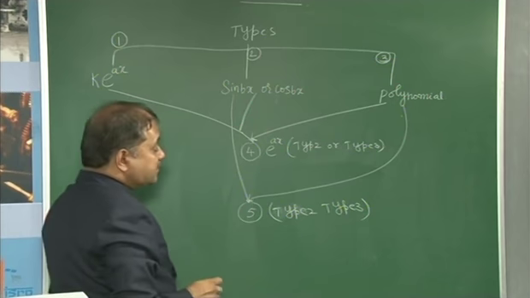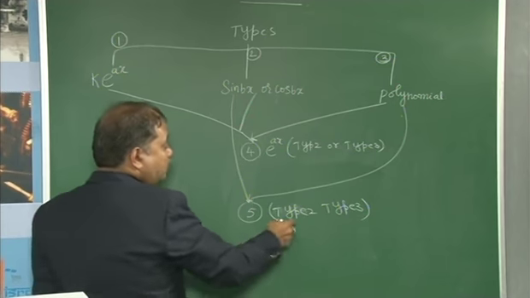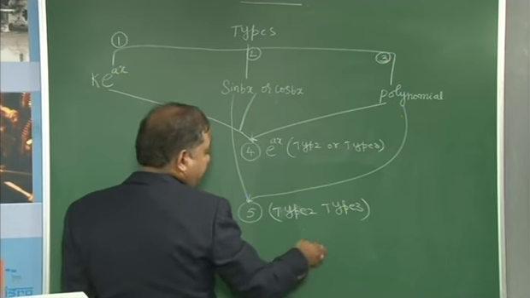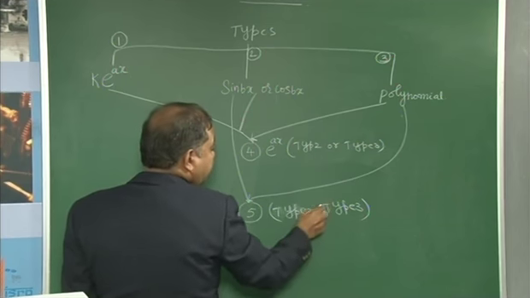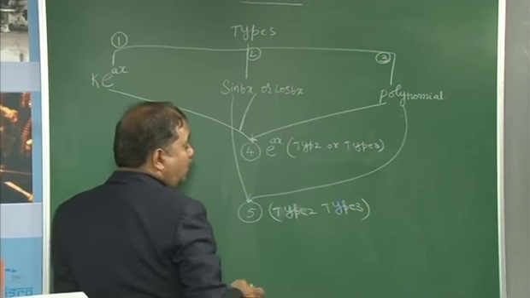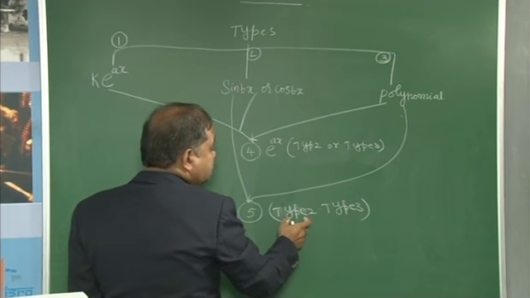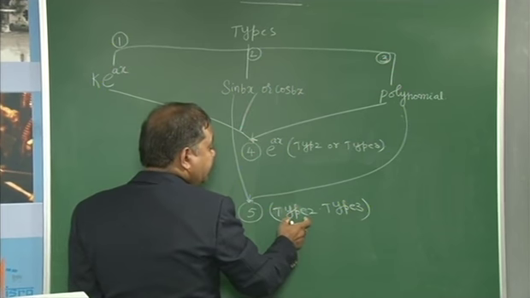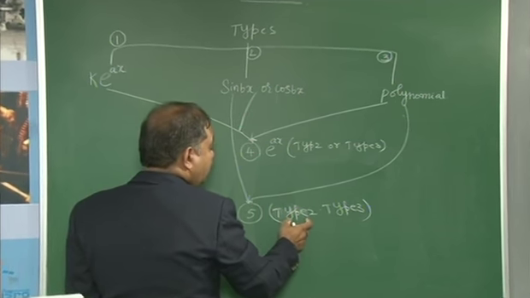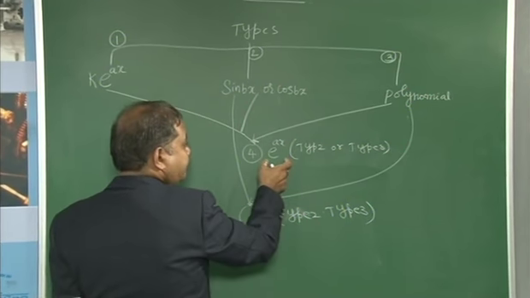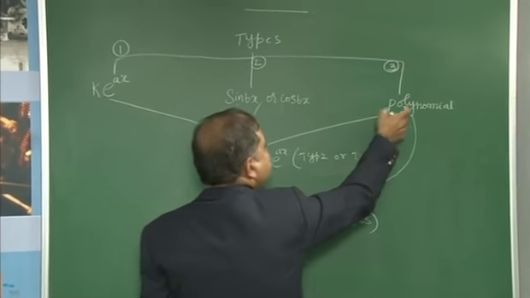Now take the reverse path: type 2 cosine or sine will be represented in e power i bx, automatically it goes to this, then automatically it goes to this.